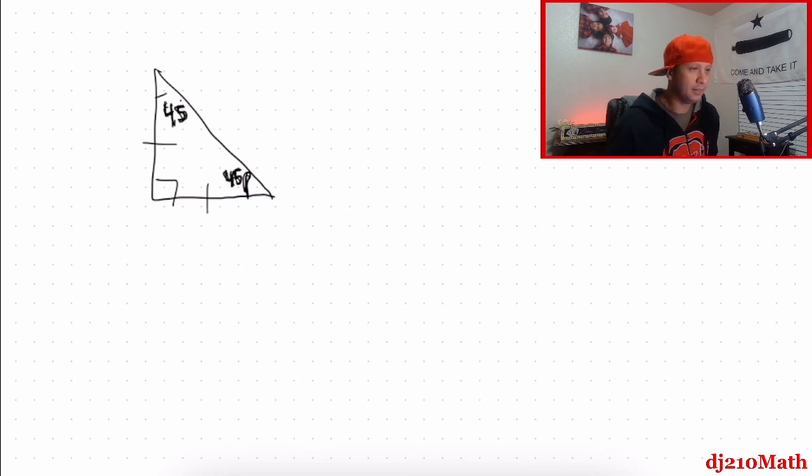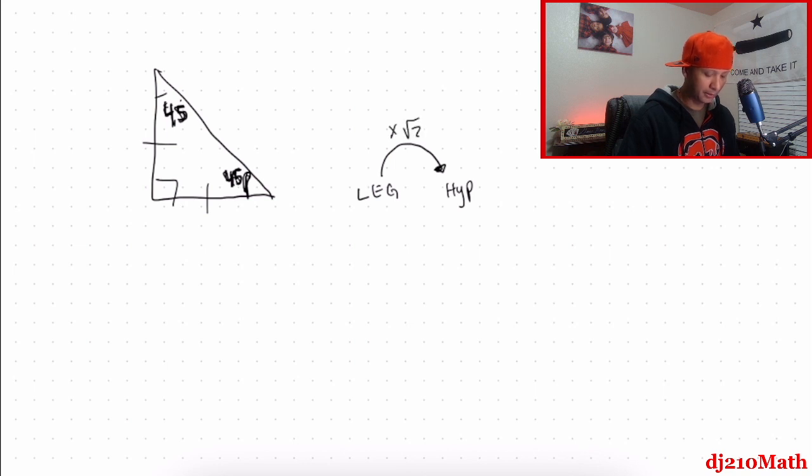In this case, we know that if we have the hypotenuse or the leg, we can get to the other one by either multiplying or dividing by root 2. So if I have a leg, I can get to the hypotenuse by multiplying by root 2. And I can get to the leg from the hypotenuse by dividing by root 2.